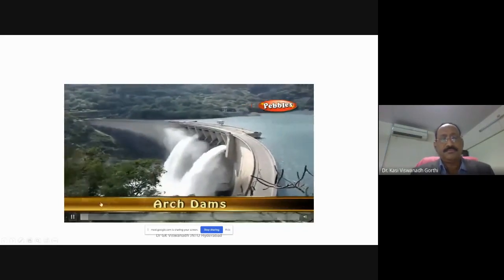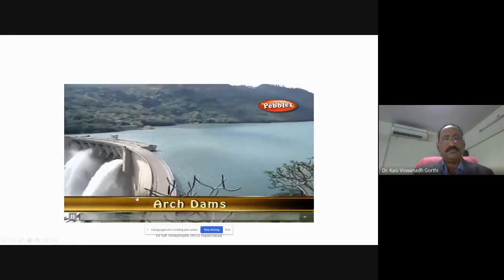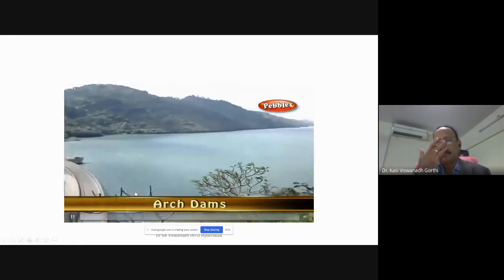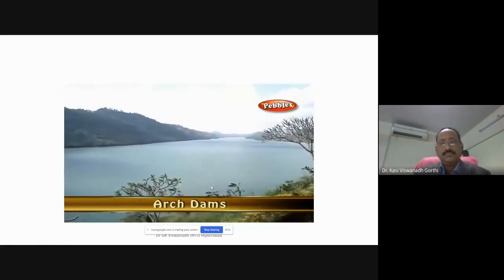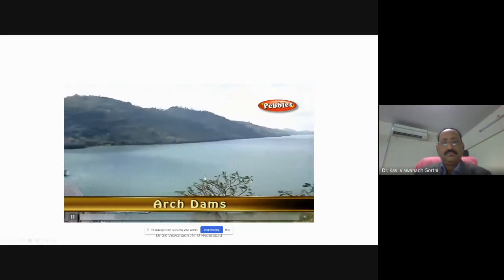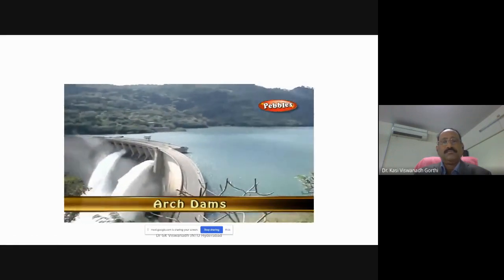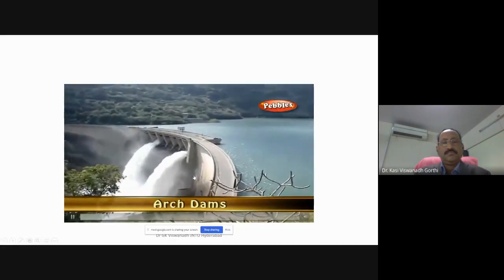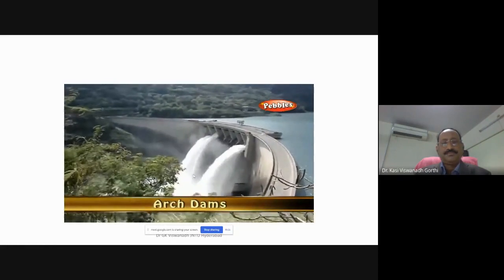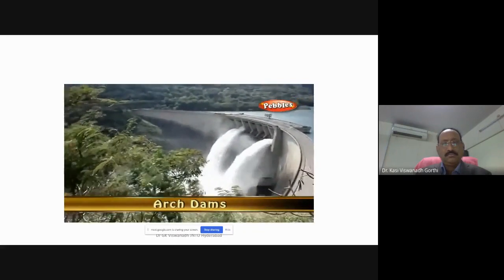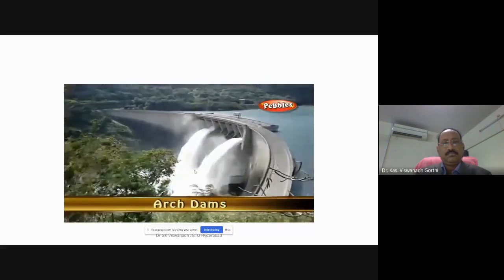An arch dam is curved in plan with its convex face holding the water. This structure is less massive when compared to the gravity dam. The force exerted by the stored water on the upstream side will be transferred to the abutments by the arch action. This dam is suitable for narrow valleys, but the major requirement is sound abutments. In this case, uplift on the base of the dam is no problem because only the abutments are going to bear the maximum force.